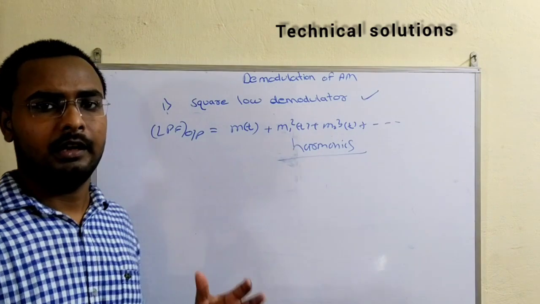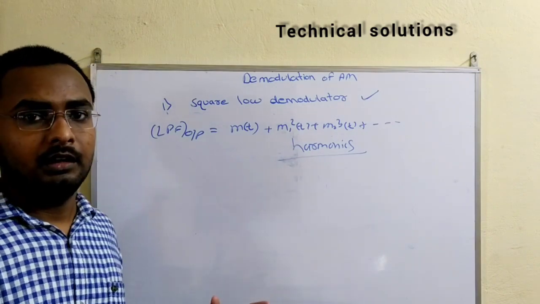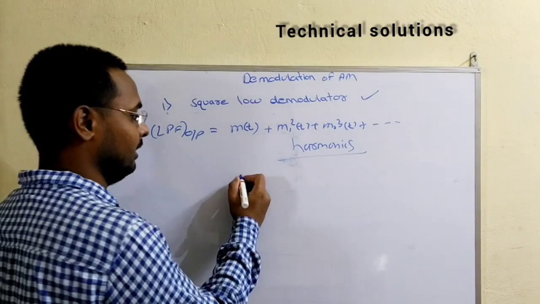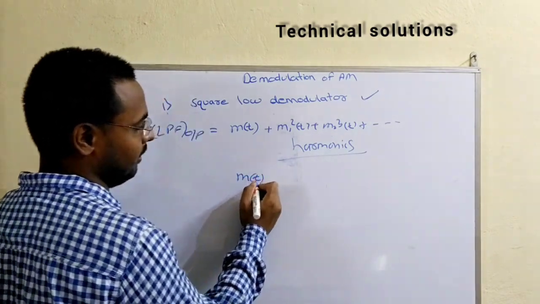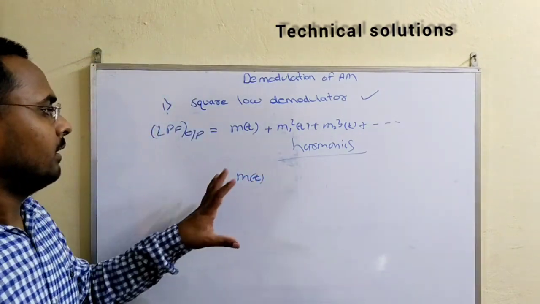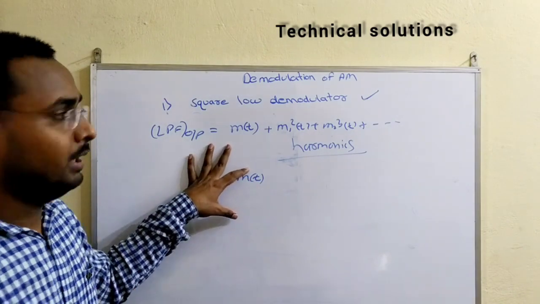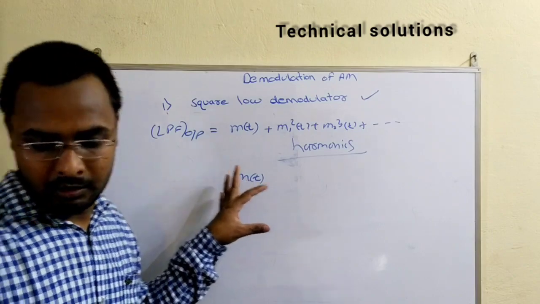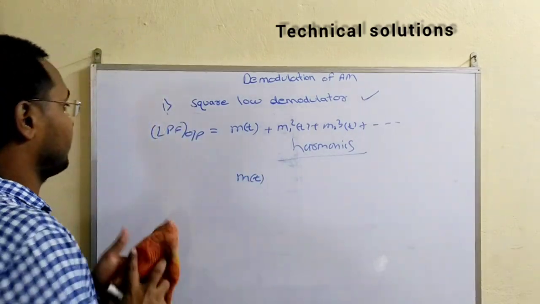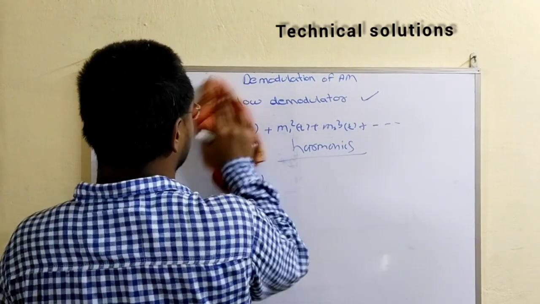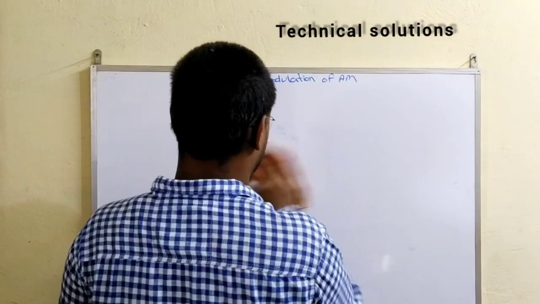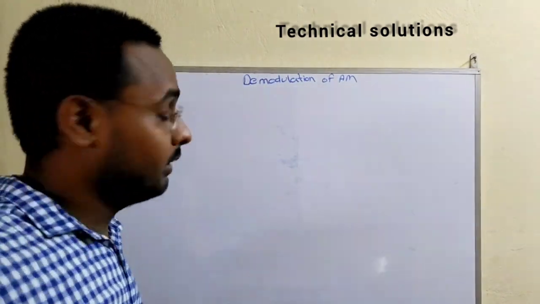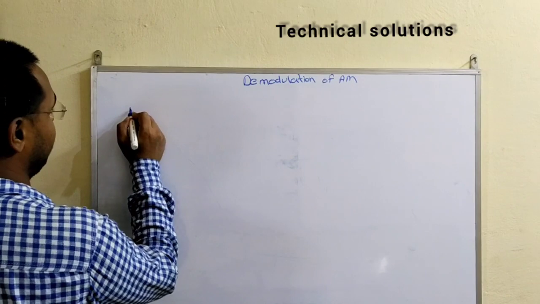So we cannot get exactly our message signal Mt. We get Mt with some harmonics. So this method is not preferable to us with this defect. The second one is the envelope detector.